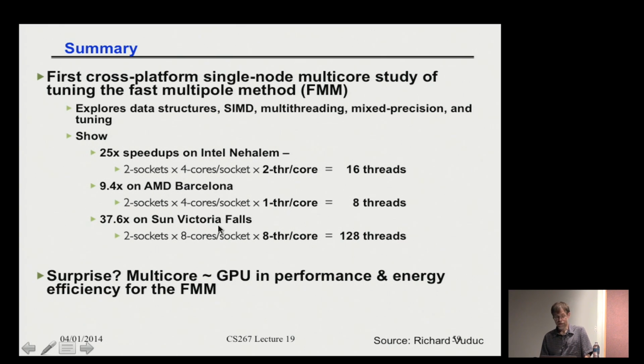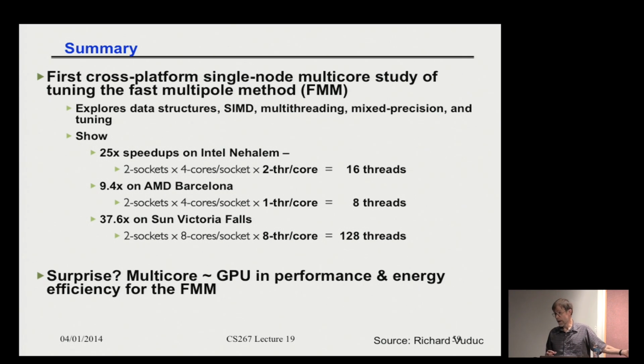And if you remember the Sun Victoria Falls, I talked about that machine when we were doing sparse matrix vector multiply. That only has a limited number of cores, but it can have as many as 8 hardware threads per core and shift between them automatically. It does chip multi-threading. And so it can have as many as 128 threads ready to run.